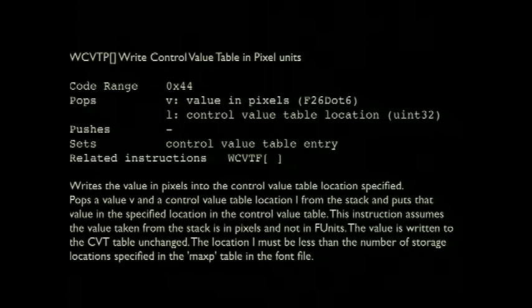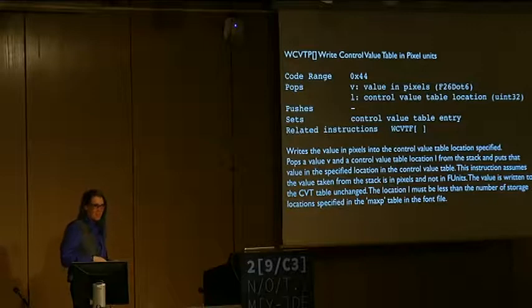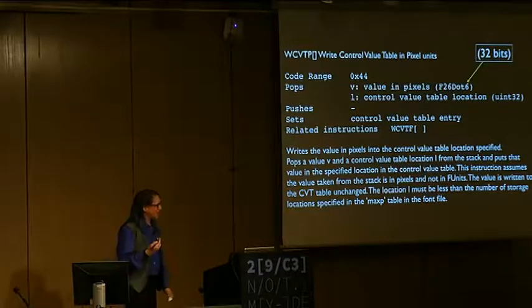Then there's the CVT, the control value table array, which is a similar sort of thing, except it's for the actual points used for drawing the outline of the font. And then there was one other array, which I think has another specialized use that I've forgotten now, but you can look at the documentation for it. I guess it's up on Microsoft's website.